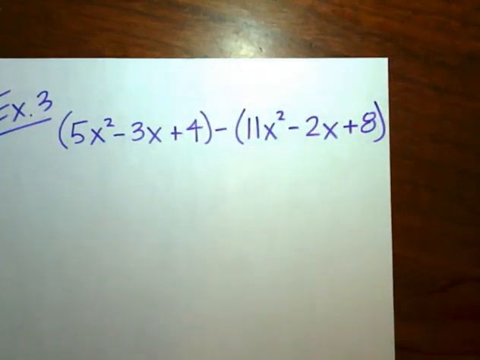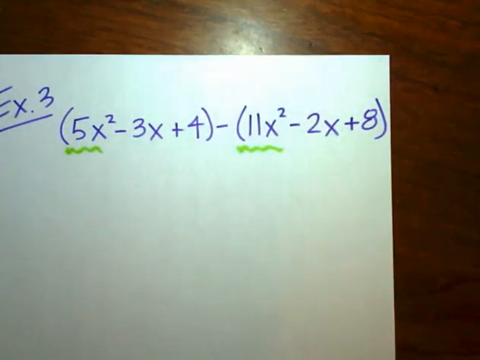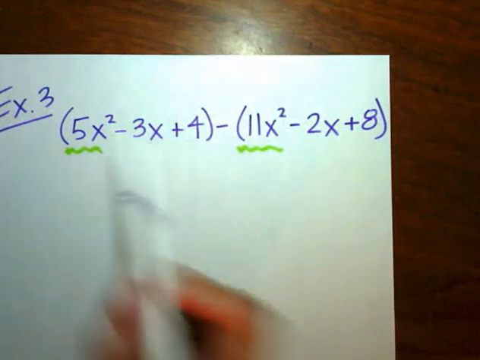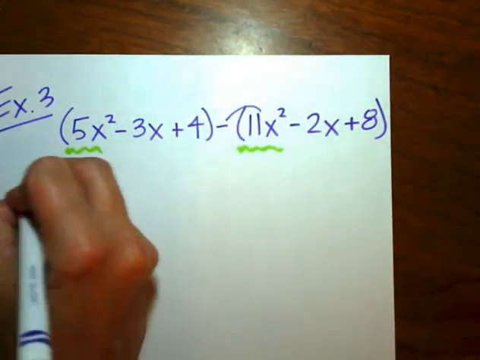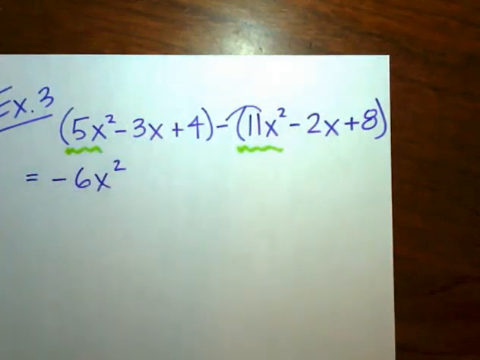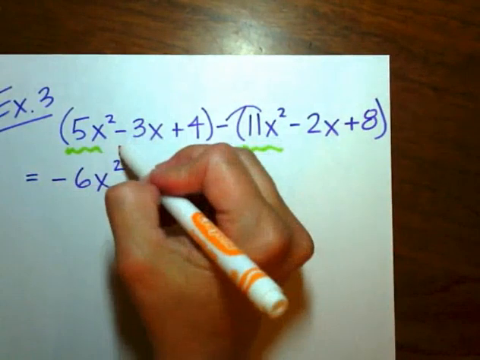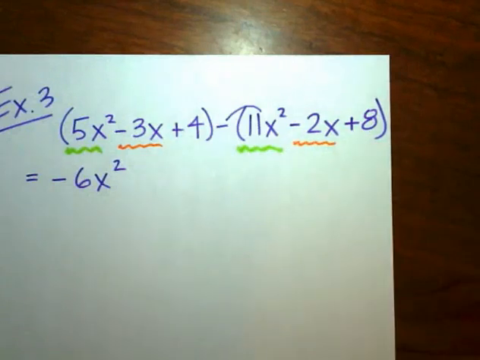All right, again, just looking for like terms. So 5x squared and 11x squared, but we are subtracting. So 5x squared minus 11x squared is negative 6x squared. Negative 3x and negative 2x are like terms.